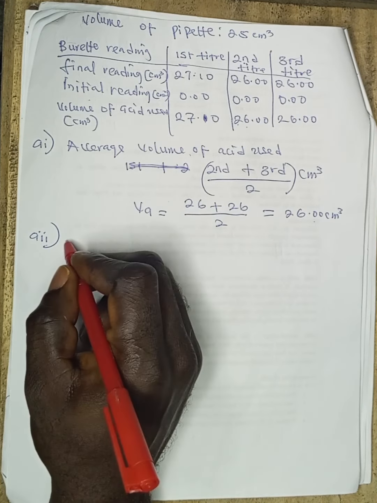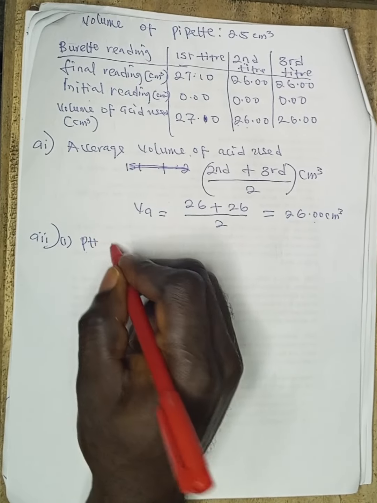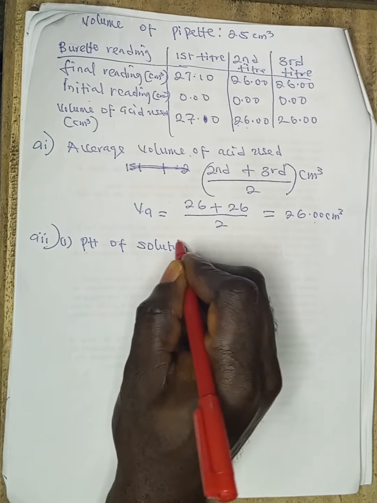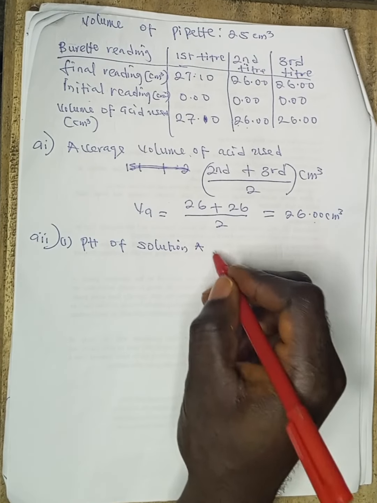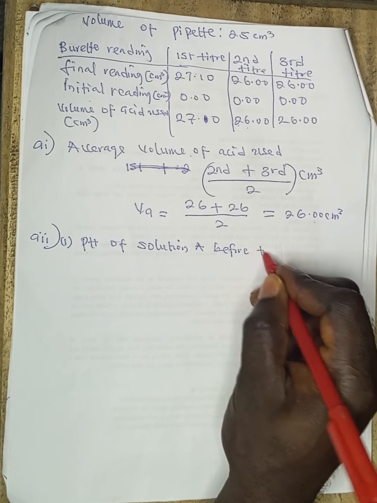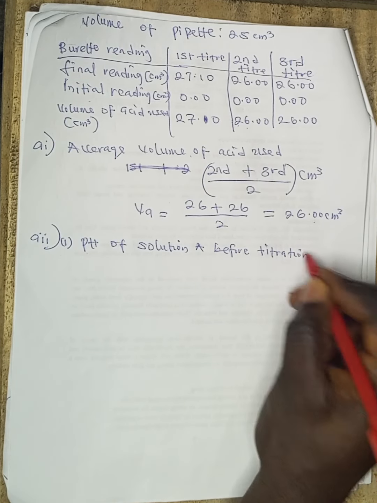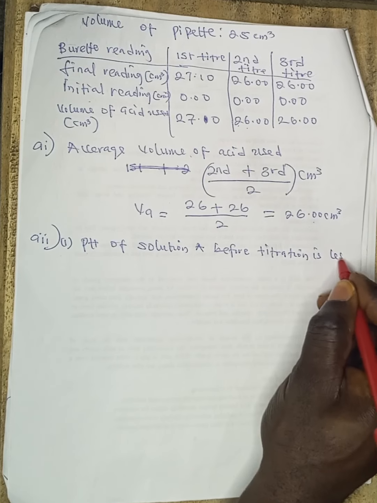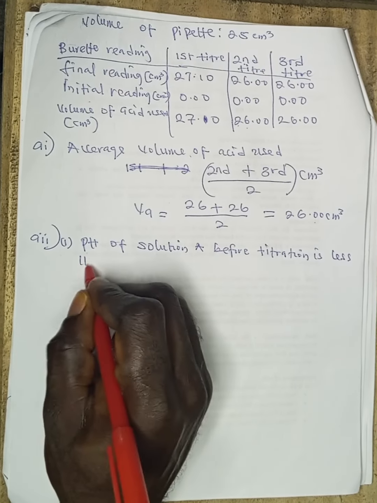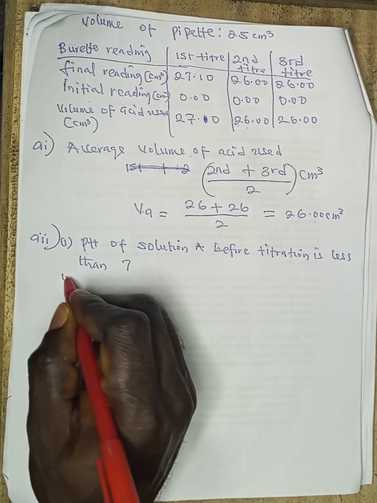The pH of solution A before titration is less than 7, because it's an acid.